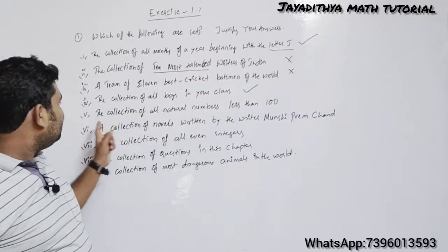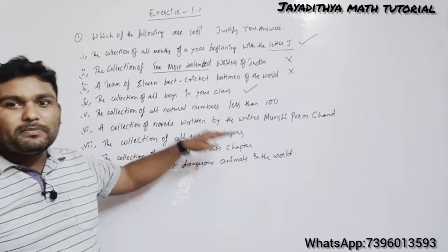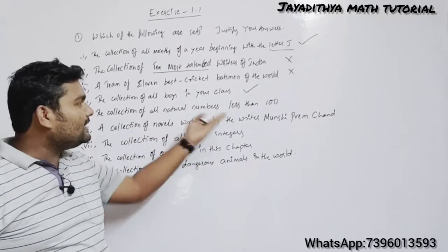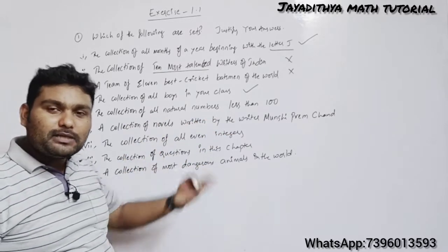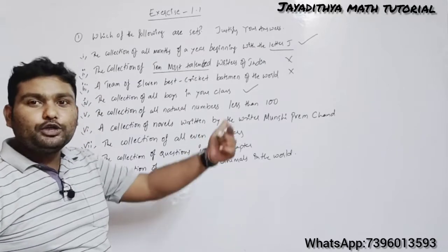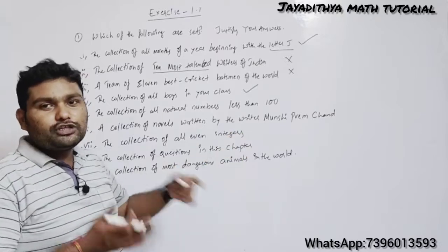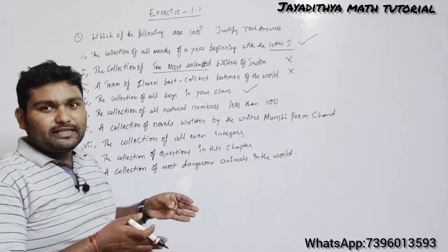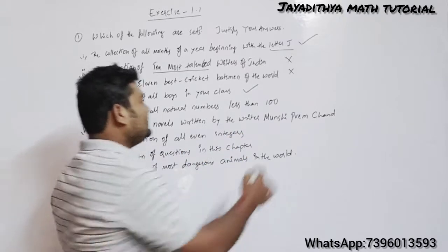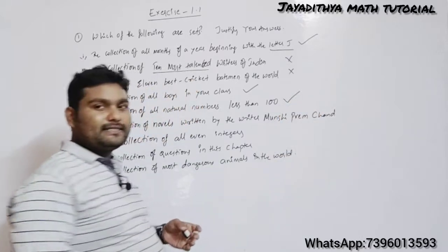The next one, the fifth, is the collection of all natural numbers less than 100. Everyone can tell the answer for that one. What are the natural numbers less than 100? 1, 2, 3, 4 up to 99, because here it is less than 100. So there is a specific answer, and you can say this is also a set.